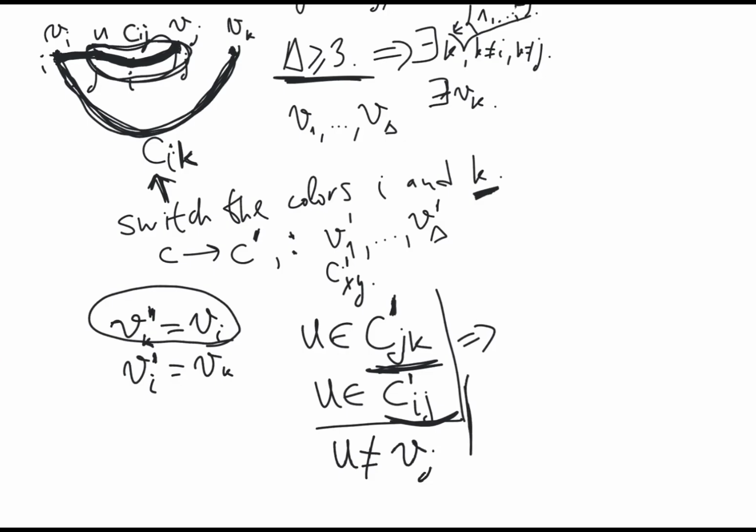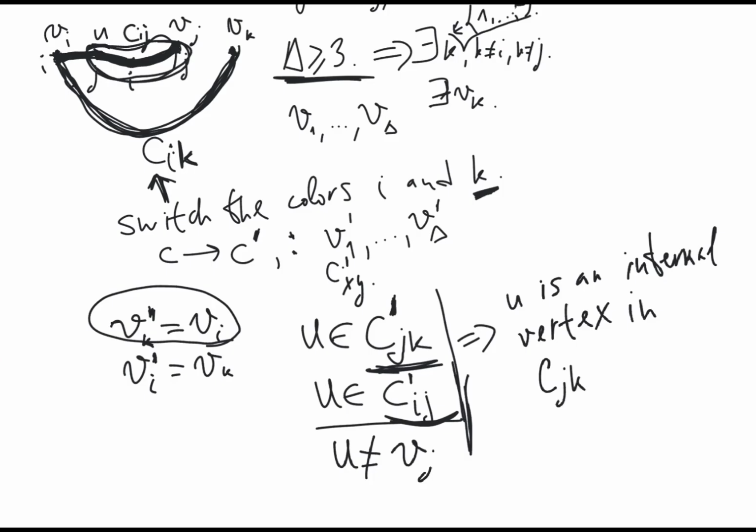So from these three, u is an internal intersection vertex, a vertex in the intersection of Cjk prime and Cij prime.